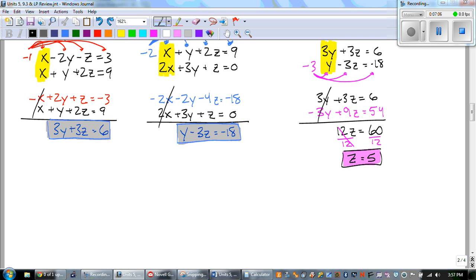So down here we have y minus 3z equals negative 18, and we said that z equals 5. 3 times 5 gives us 15, so y minus 15 equals negative 18. Then to solve for y, I'm going to add 15 to both sides. And now I get that y equals negative 3.